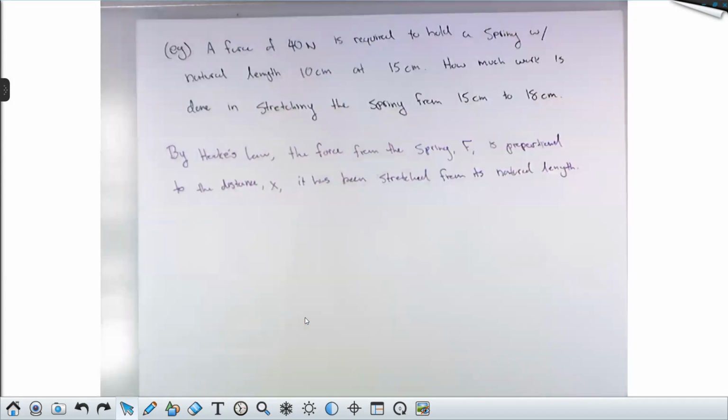So the distance that I'm going to be talking about here is not 15 centimeters or 10 centimeters. The natural length is 10 centimeters, and to hold it at 15 centimeters requires 40 newtons of force. That means it's been stretched 5 centimeters.